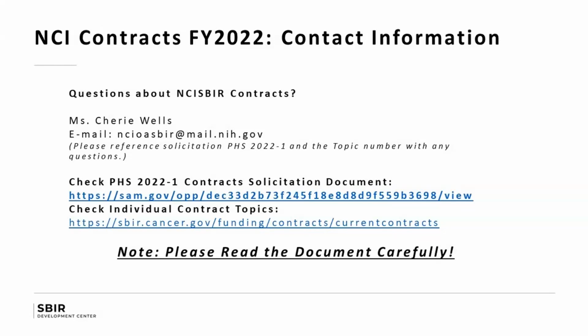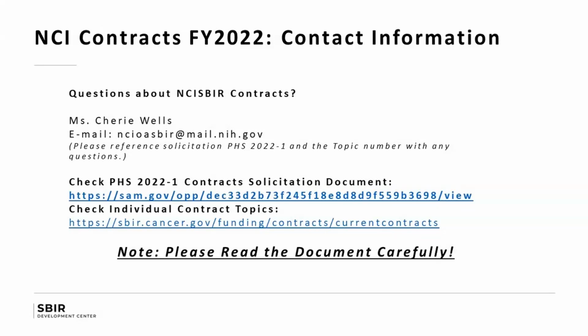Before we go into other questions, we have a few more questions. So there is a small announcement. There are some questions that are very specifically targeted towards a specific contract topic. For example, what do you mean by low resource setting?